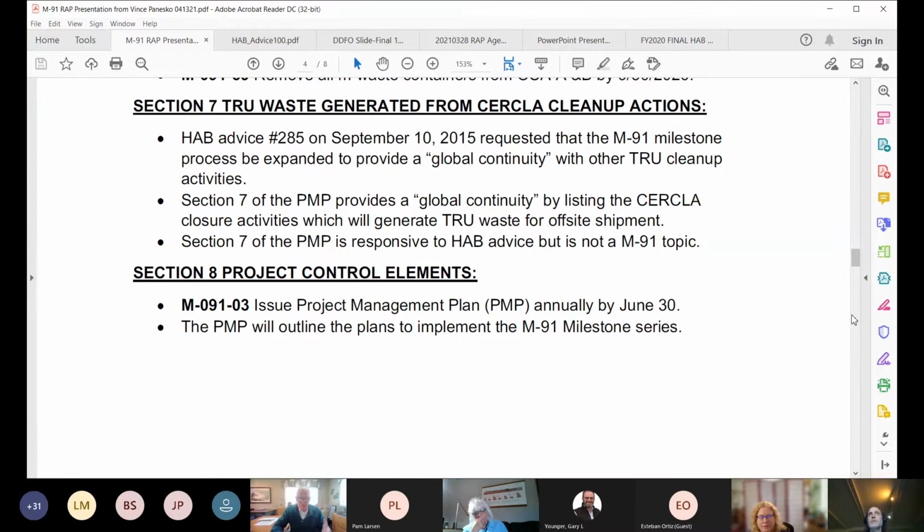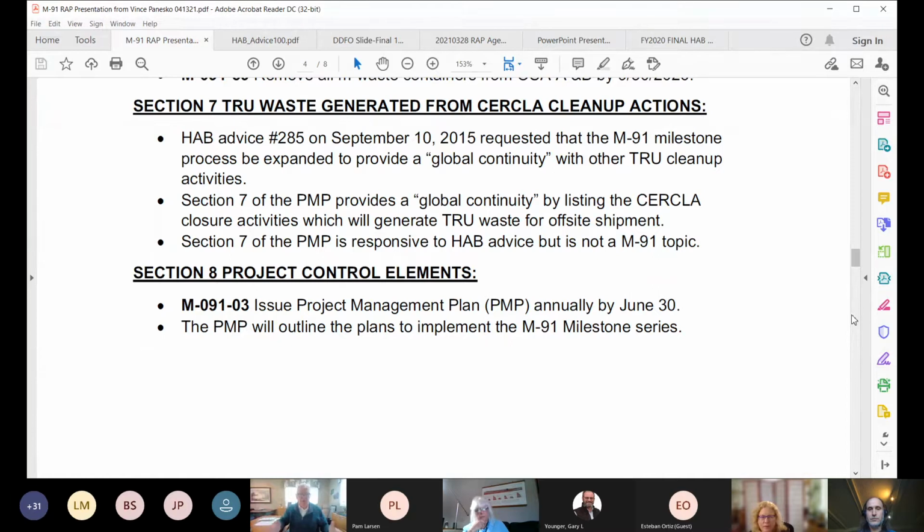So there's all this TRU waste that's covered by other milestones, not M91. As for this other waste, DOE has responded to the HAB concern about global continuity by trying to point out in Section 7 all this other material, which has nothing to do with M91.